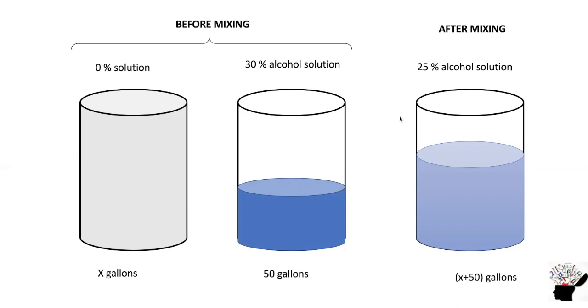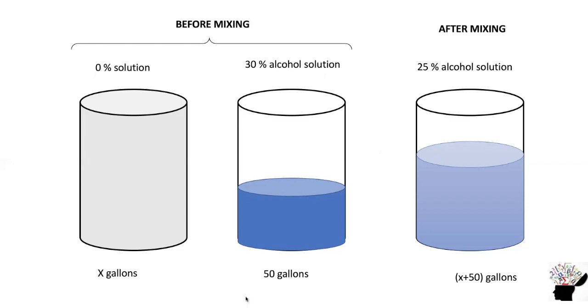So now we should be able to find X. We multiply the percentage of the 30% alcohol solution by the 50 gallons, then we equate it to this one after mixing. So it will be 25% alcohol solution multiplied by X plus 50 gallons.